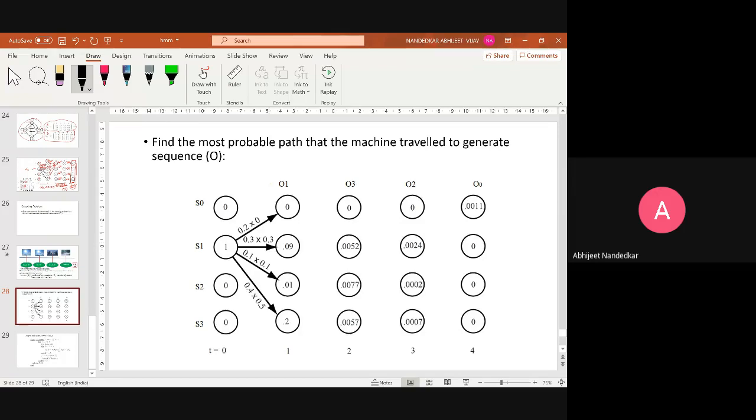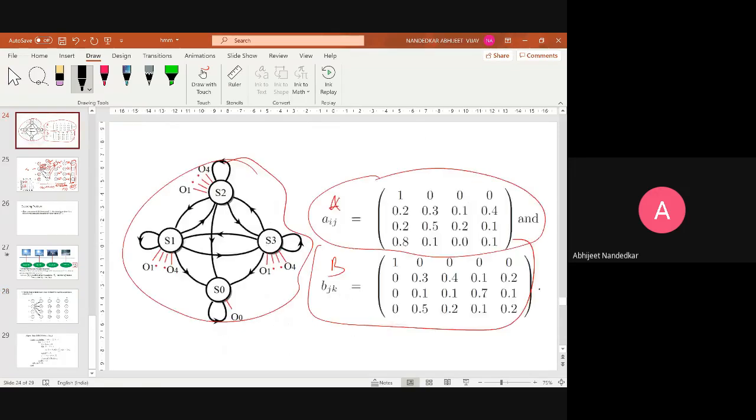Now, this is a typical example in which this O0 state is called an absorbing state. If you see this diagram, you can come from S1 to S0, from S2 to S0, and from S3 to S0, but you cannot travel from S0 anywhere else.